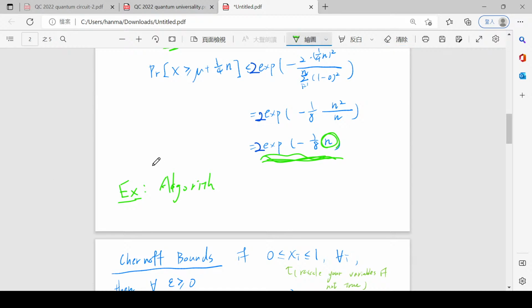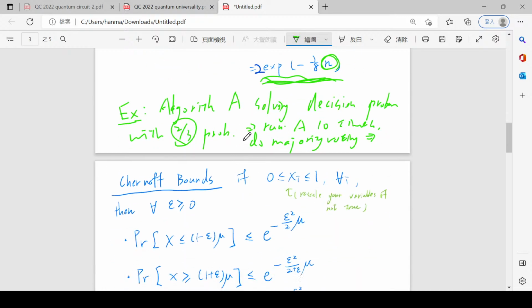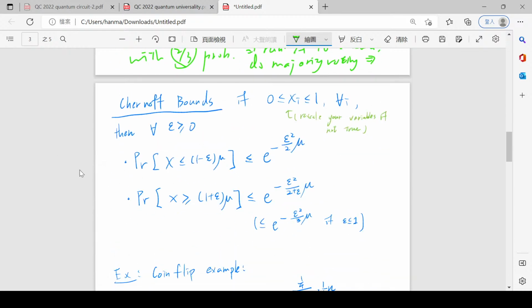But another possibility is that you have algorithm A solving a decision problem with 2/3 probability, and then you can run A 10 times and do majority voting. Then you can see the 2/3 amplified into something better, and that should also get this kind of exponential tail. We don't have the space and the time for this right now, but let's see another bound that's actually more famous.